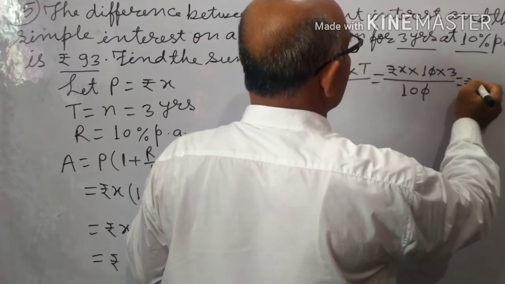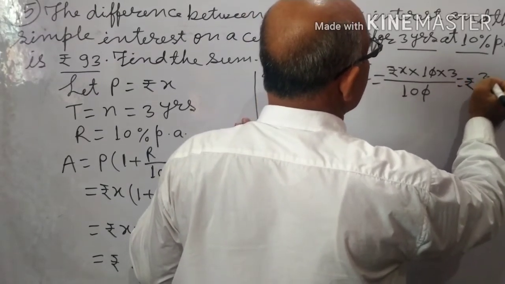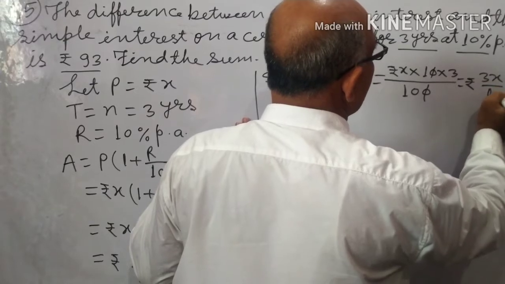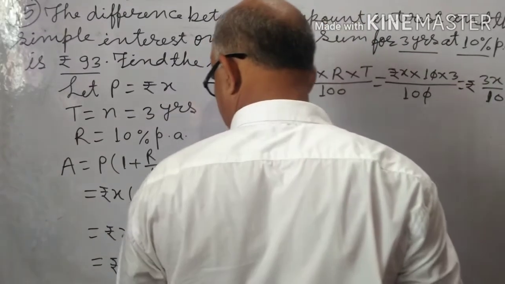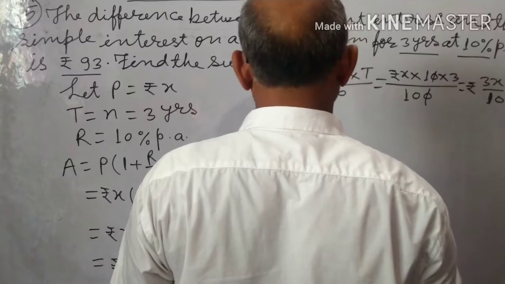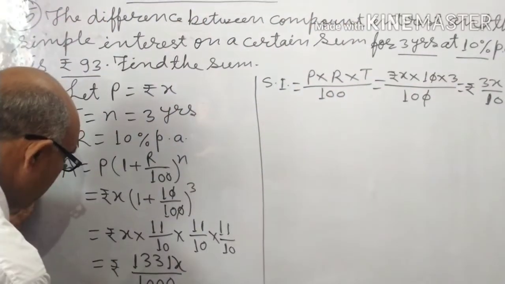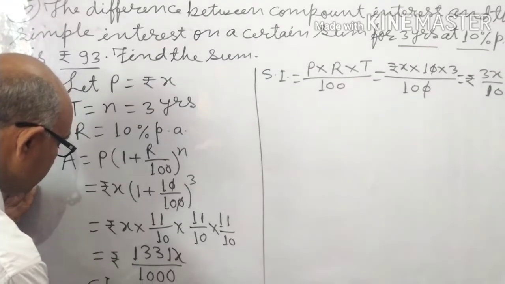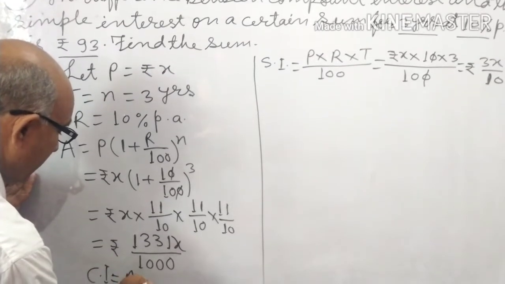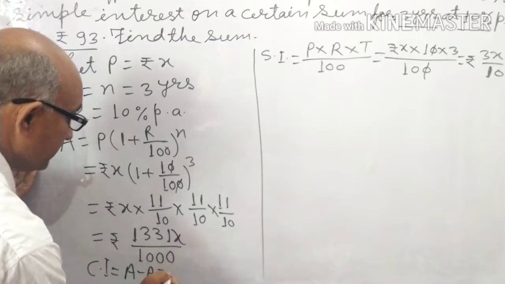Equal to rupees 3X by 10. So now find here CI equal to A minus P.